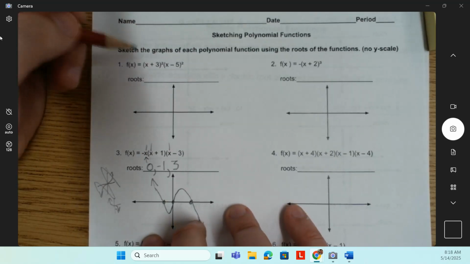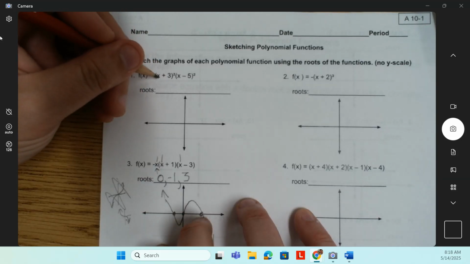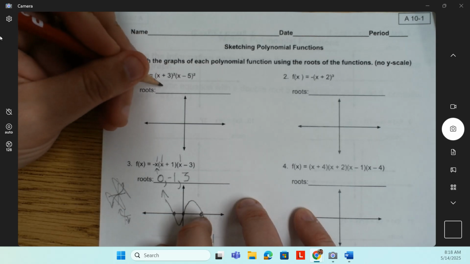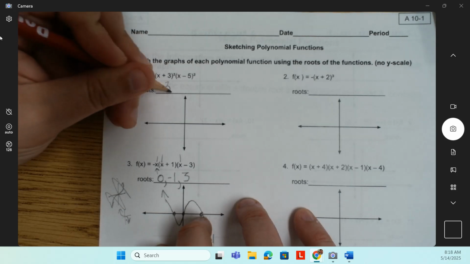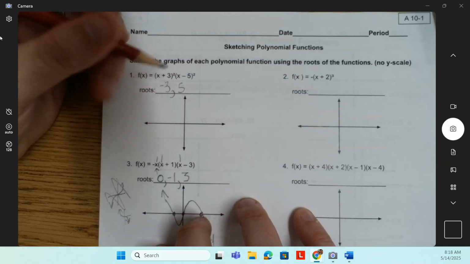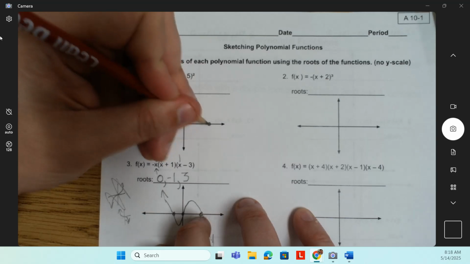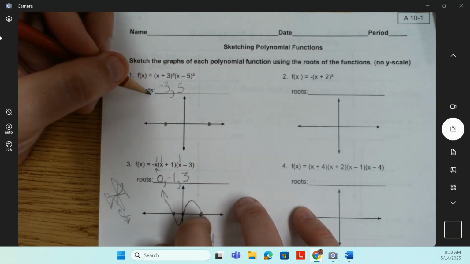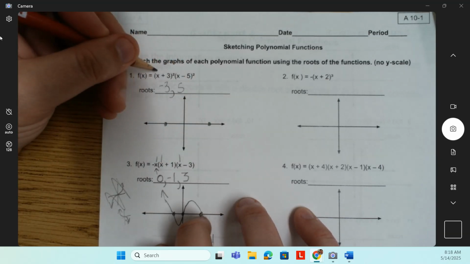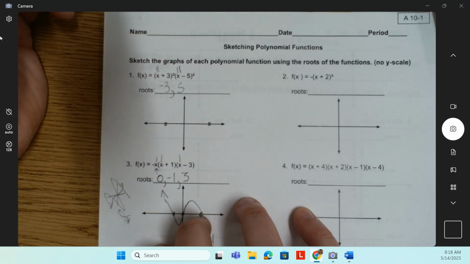Okay, let's look at the number 1 up here. My roots are going to be, so x plus 3, that would be a negative 3. And then x minus 5 would give me a positive 5. So those are my 2 roots that I have. But I've got 1, 2, 3, 4 x's there.